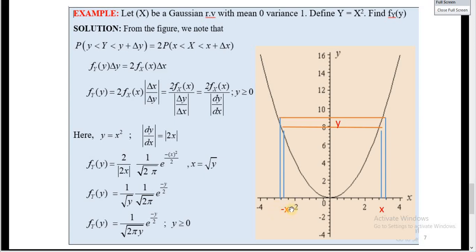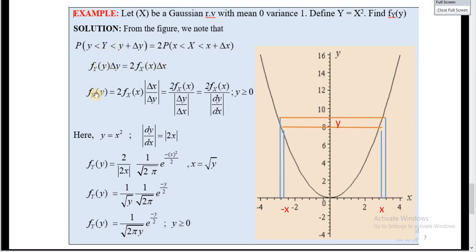When you square the negative, you end up with this positive, and when you square this positive, you also have this positive. So we can get around this difficulty by finding that the probability f_Y of y delta y is twice the probability that x falls between x and x plus delta x.